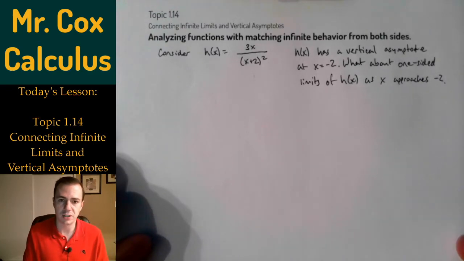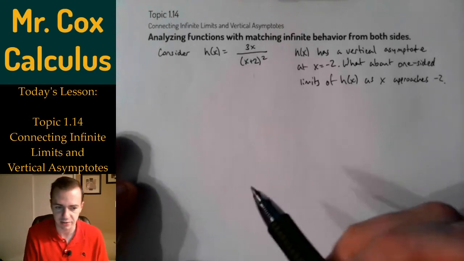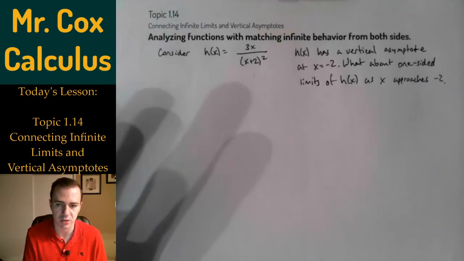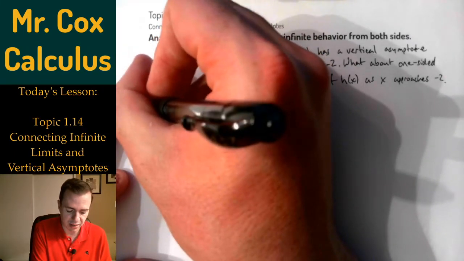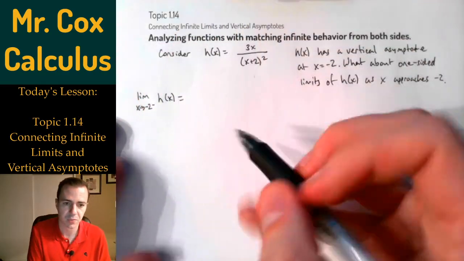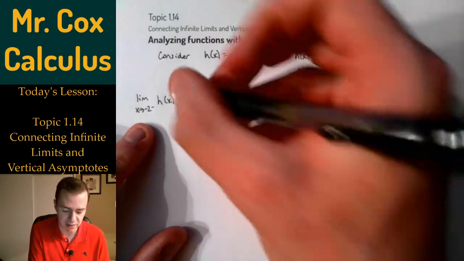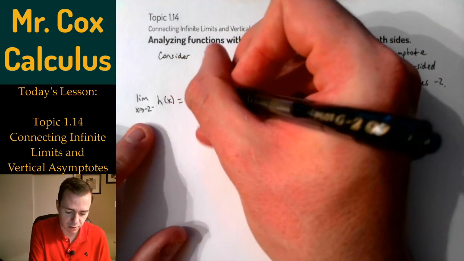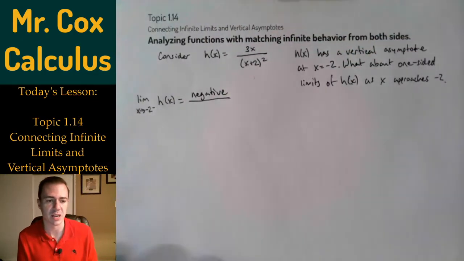And so what I want to do is use the same kind of analysis of whether I have positive or negative values to determine whether it's positive or negative infinity. So if I look at the limit as x approaches negative 2 from below of h of x, well, I know that if I substitute negative 2 in, I get a negative value in the numerator, that would be negative 6.